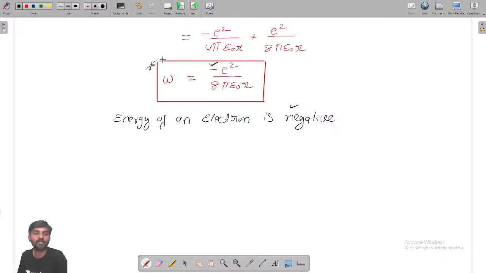Some problems will also be asked based on this formula, sir. This is also negative. So as the electron comes closer to the nucleus, its energy decreases. When it is moving away from the nucleus, its energy will increase. Very simple, sir.